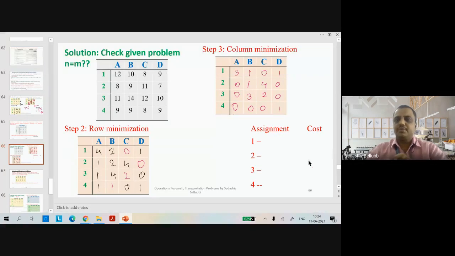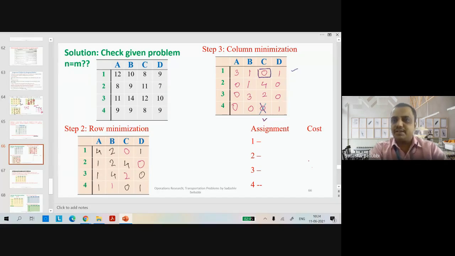Now, if you assign the first row, this one, then in this particular first row and third column, we need to check how many zeros are there. In the first row there are no zeros, and in the third column there is 1 zero. Just cancel this one.